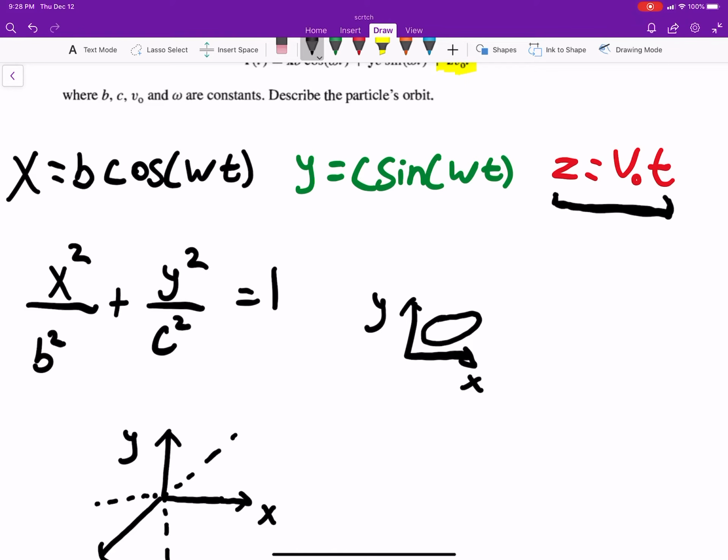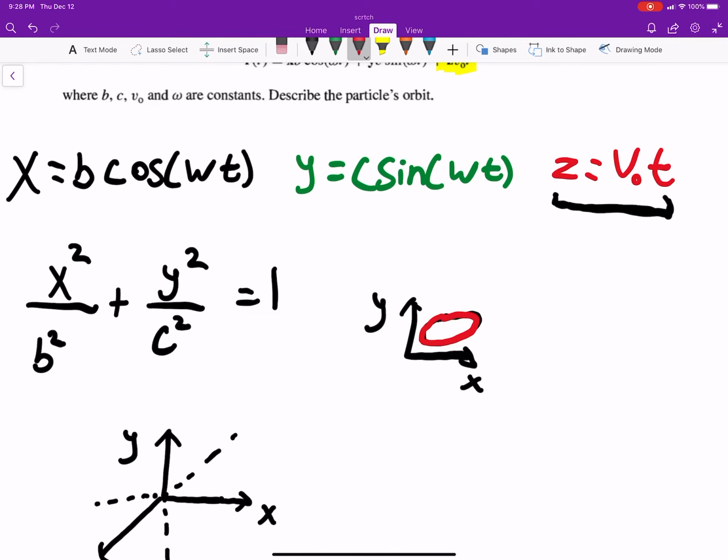You have this elliptical motion, just as we had previously, but as the particle's going around this little ellipse, it's advancing in the z direction at a velocity v naught.